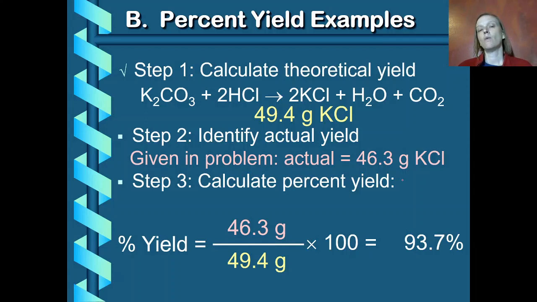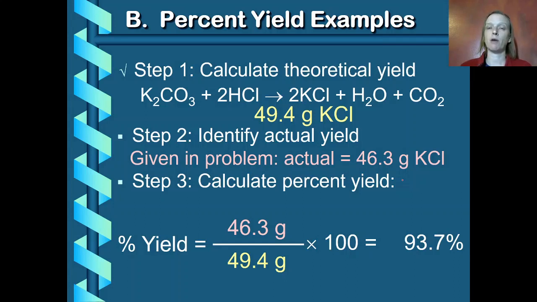So percent yield problems are long, and you need to keep track of what step you're on. The other confusing thing about percent yield problems comes in the very beginning, when you're just trying to figure out what's my known and what's my unknown.